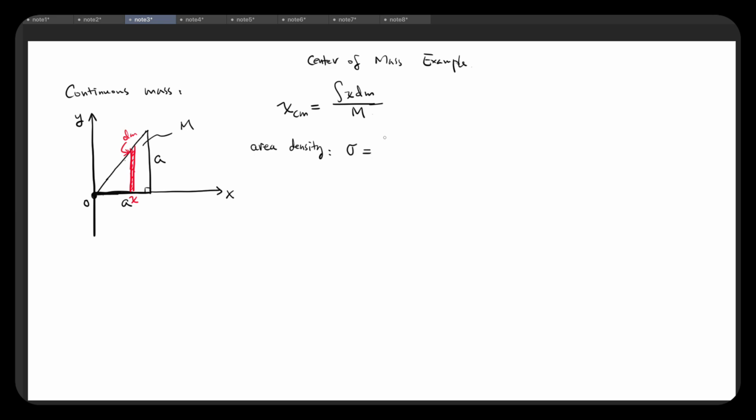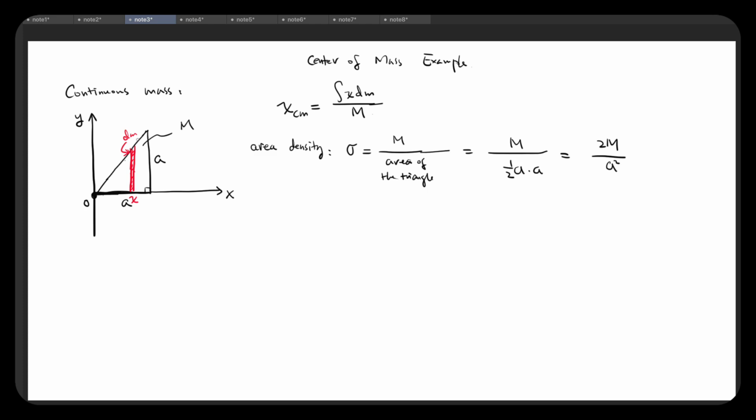Sigma equals the total mass over the area of the triangle, equals M over the area here. The area of the triangle we know is a squared over two, so the density is 2M over a squared.